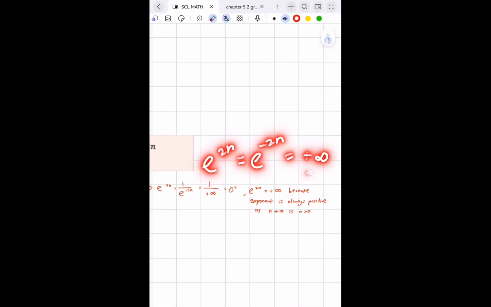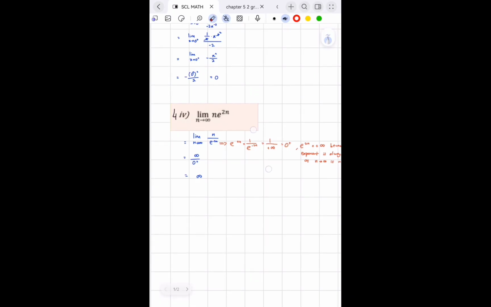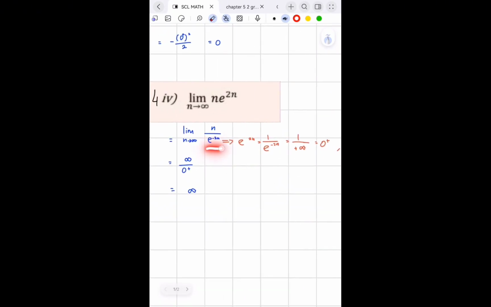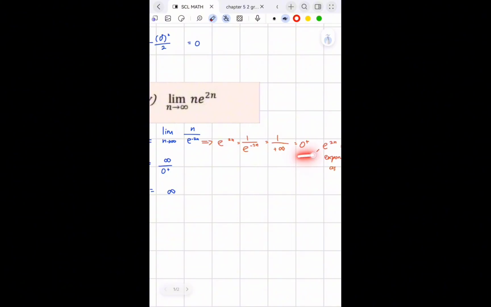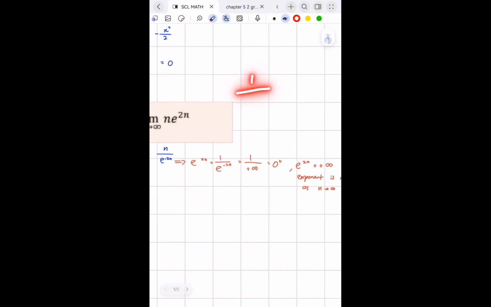So it will become always positive. And then we already do this e to the power of negative 2n. We will get 0 plus, because 1 over positive infinity is 0 plus.